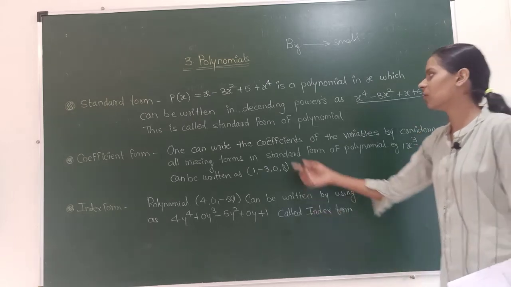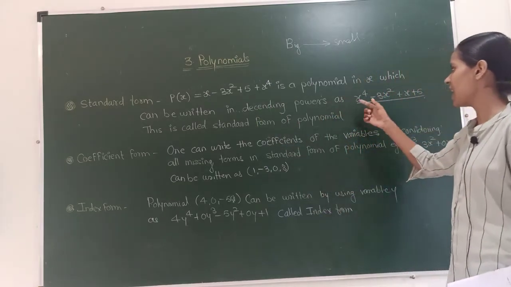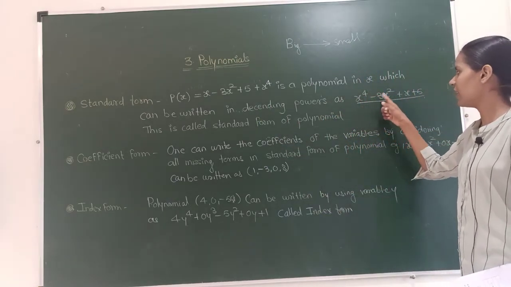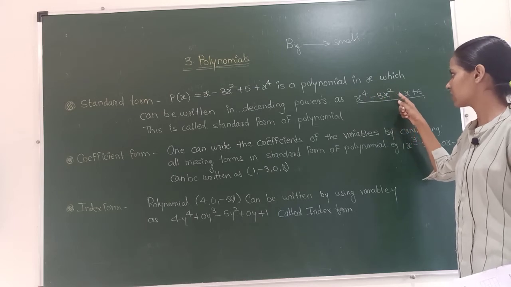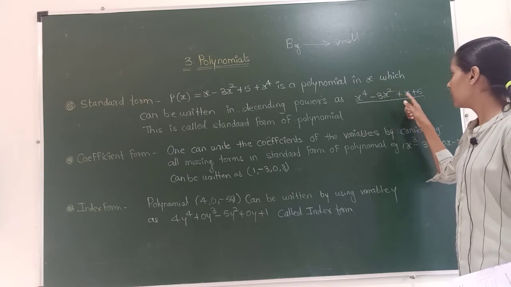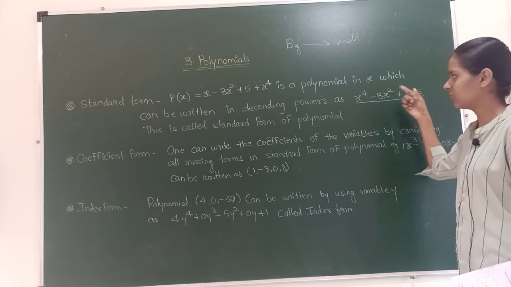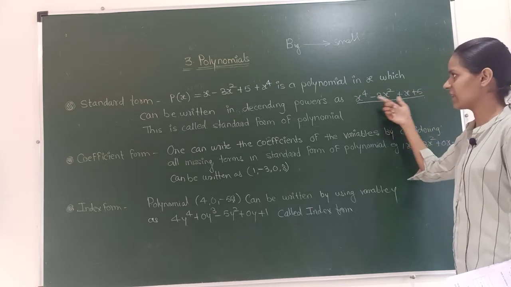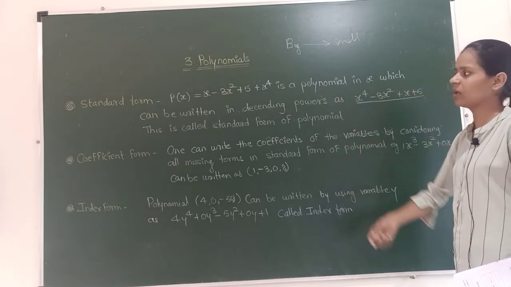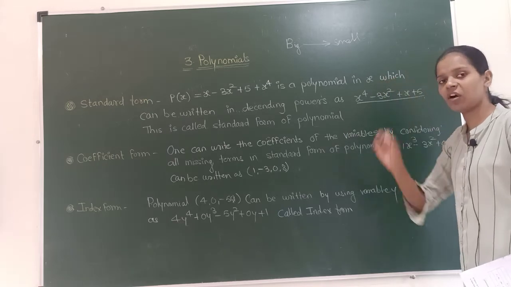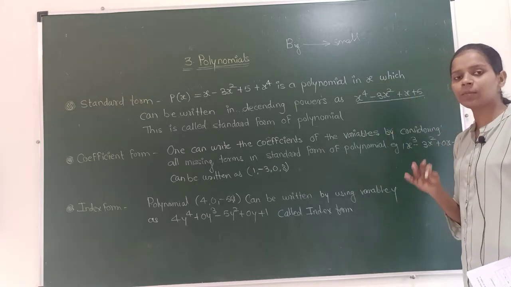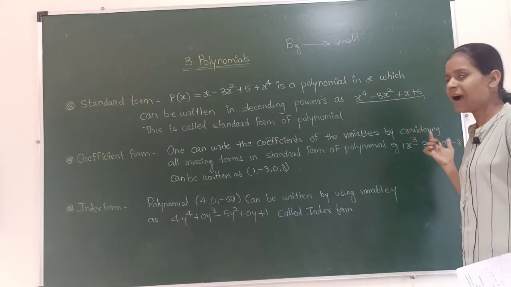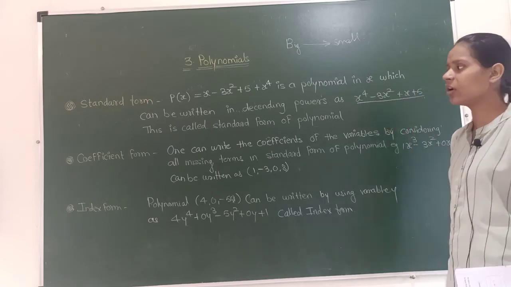Keep the word in your mind, descending powers, as x raised to 4 minus 3x square plus x plus 5. This is the descending order of the polynomial and this is called the standard form of a polynomial. If we write the polynomial in descending order of powers, then it is called the standard form of a polynomial.